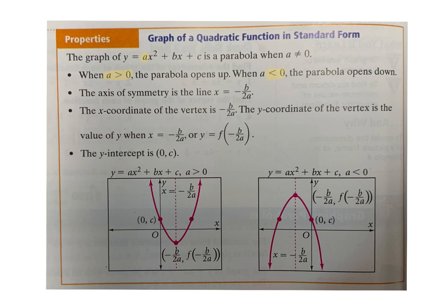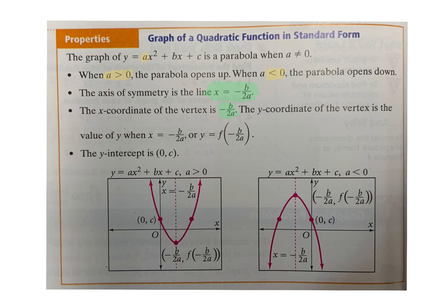The next thing is we can find our axis of symmetry using these coefficients as well. The axis of symmetry will always be -b over 2a. You do need to remember that, okay? -b over 2a will be our axis of symmetry. That is also the x-coordinate of my vertex.